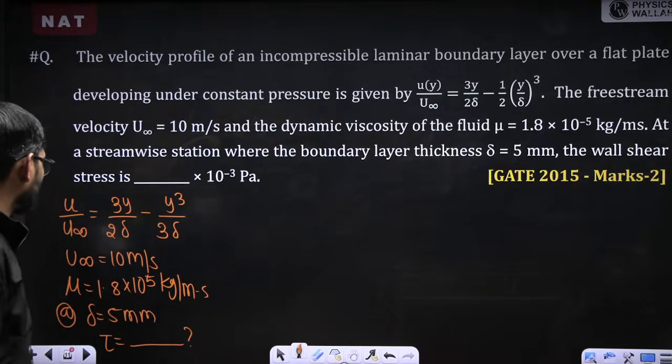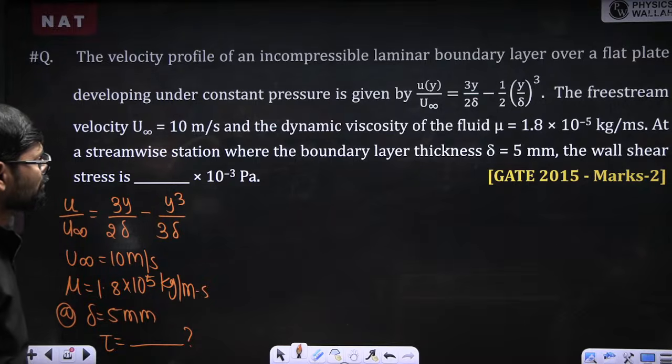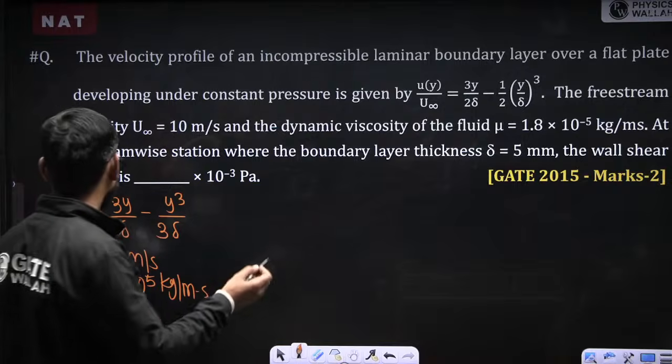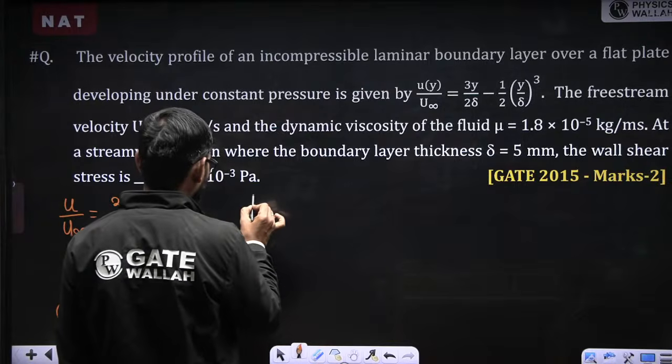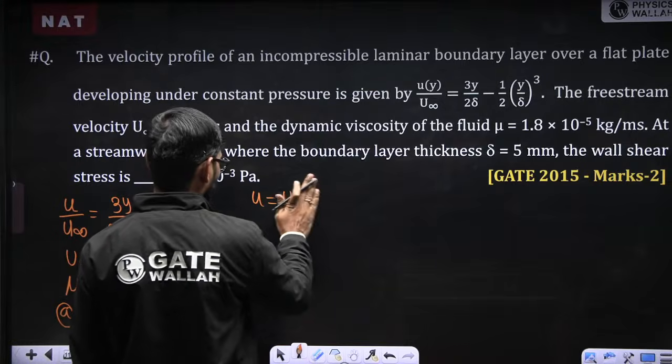What is the answer you got? Tau is equal to mu du by dy, no problem. So first, u infinity means 10, right?